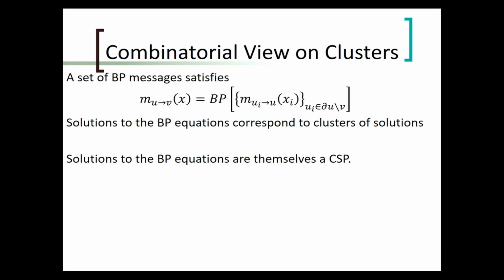Another objection you might have to this being a sensible thing to do is that our original CSP, something like coloring, the set of states of each variable was discrete, one of Q colors. Here, the set of the states that the variables can take are a measure over Q colors. So it's continuous. How can you sort of combinatorially count something like that?